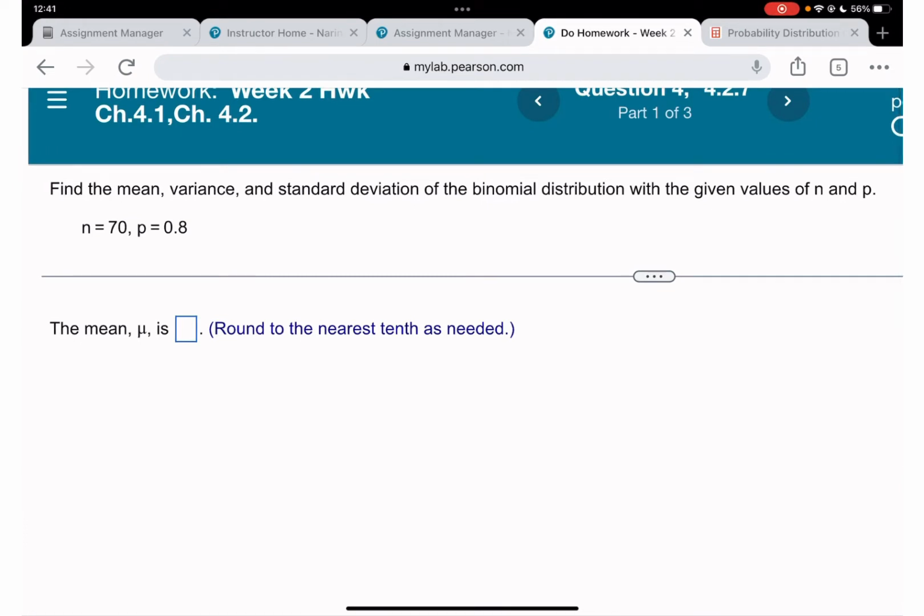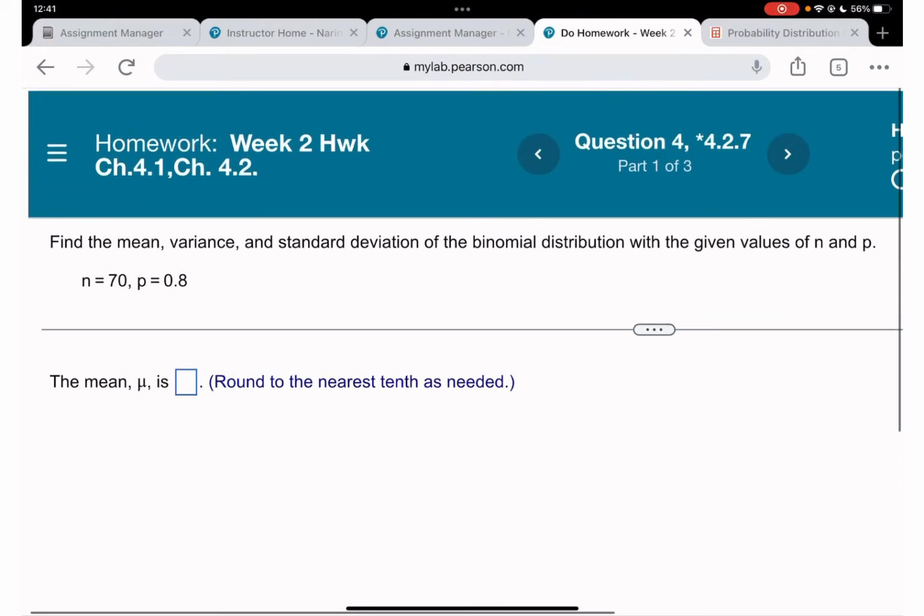Okay, moving to the next question. Find the mean, variance, and standard deviation of the binomial distribution with the given values of n and p.